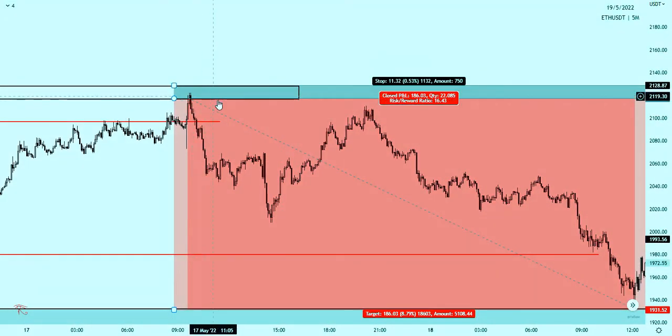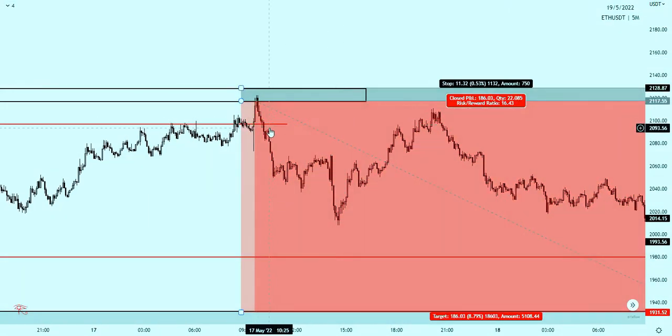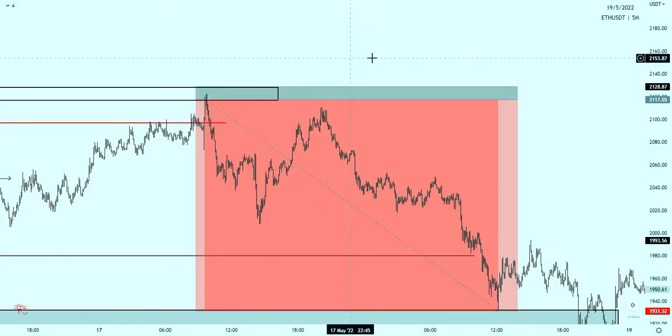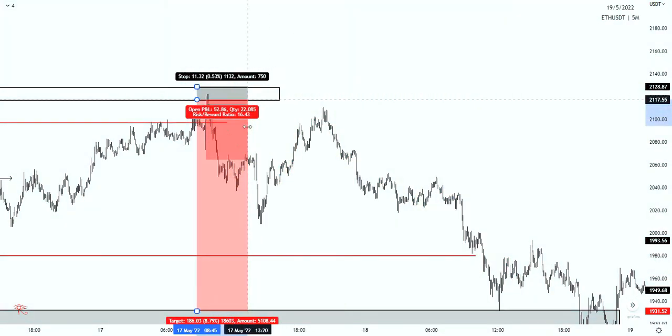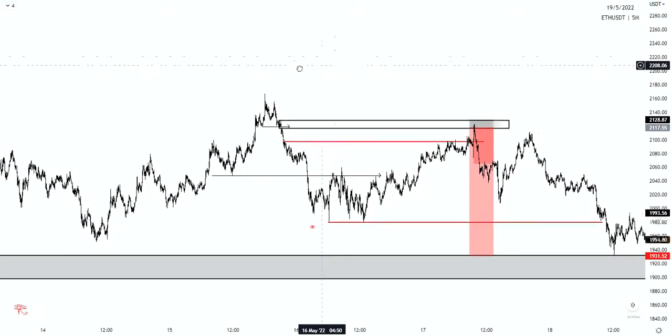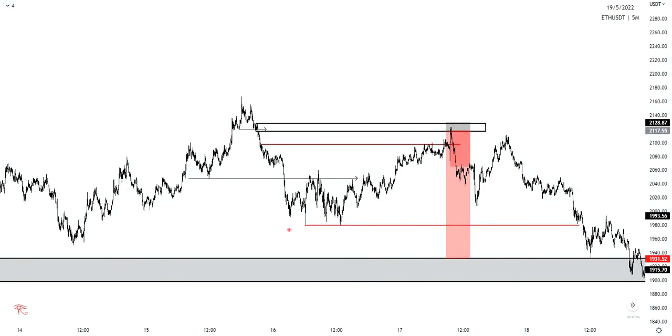I talked about the first institutional candle, and then we see liquidity imbalances within this zone. We can talk about a couple more entries as we're coming up into this area. We raid liquidity to the upside, break structure to the downside.